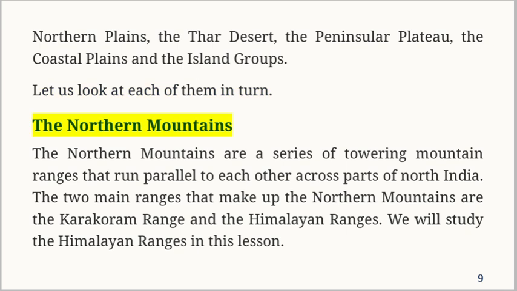The Northern Mountains. The Northern Mountains are a series of towering mountain ranges that run parallel to each other across parts of North India. The two main ranges that make up the northern mountains are the Karakoram Range and the Himalayan ranges. We will study the Himalayan ranges in this lesson.